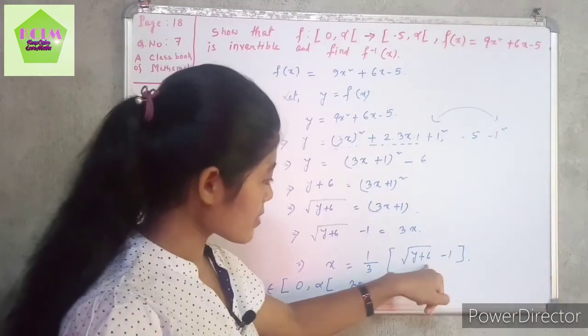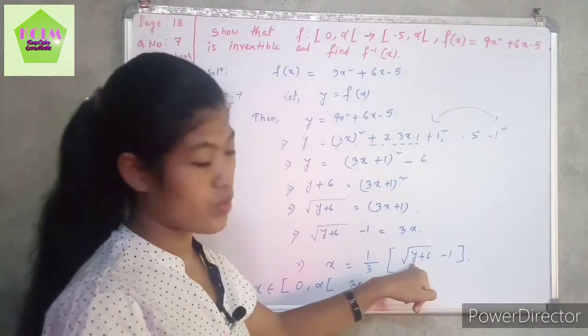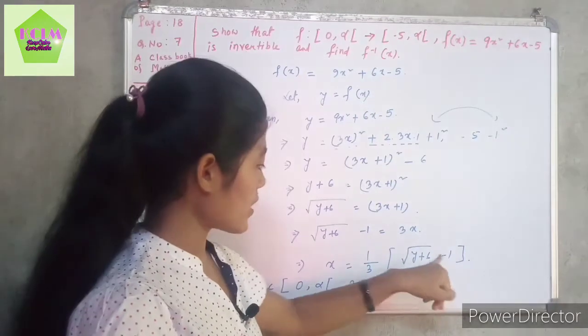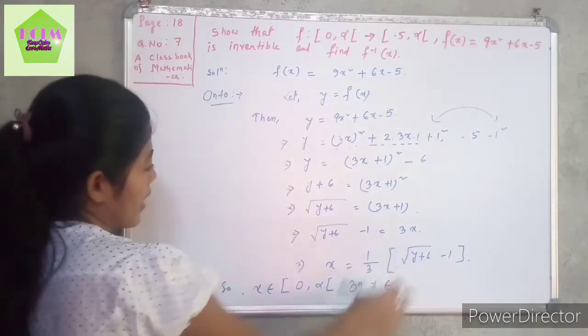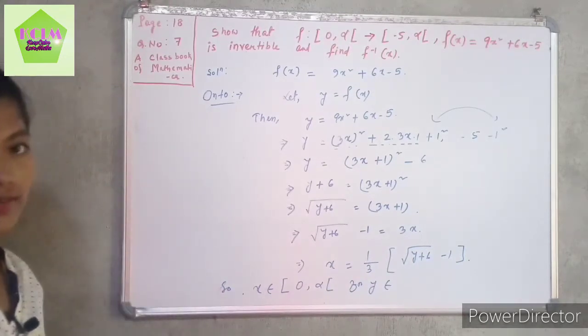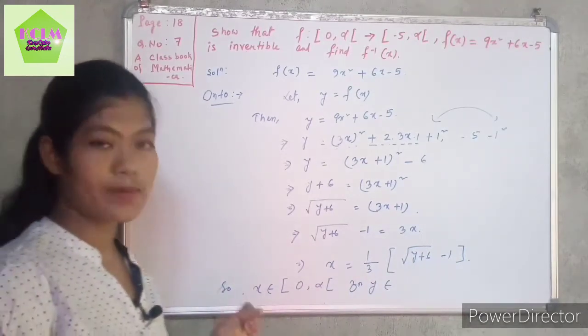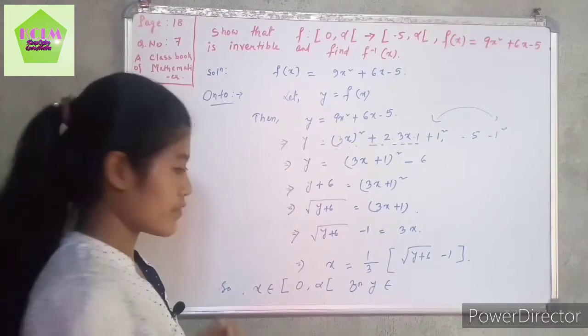Then 6 minus 5 is nothing but 1. 1 minus 1 is 0, and 0 by 3 is 0. So y belongs to the closed interval minus 5 to open interval infinity.